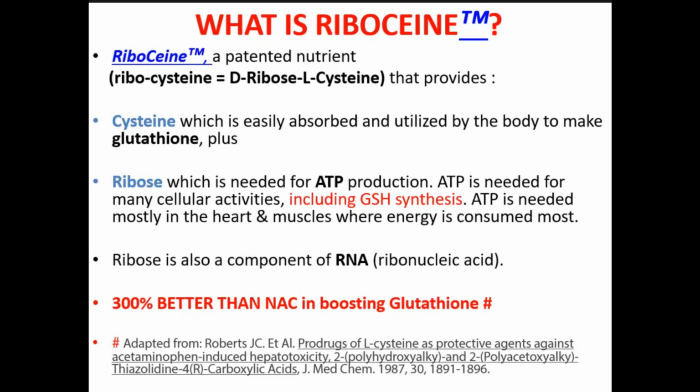So when you take Ribosyn, you get the cysteine to manufacture glutathione, and you get the energy, the battery, provided to boost that synthesis. That explains why Ribosyn is 300% better than NAC, which is the second best precursor, in boosting glutathione.